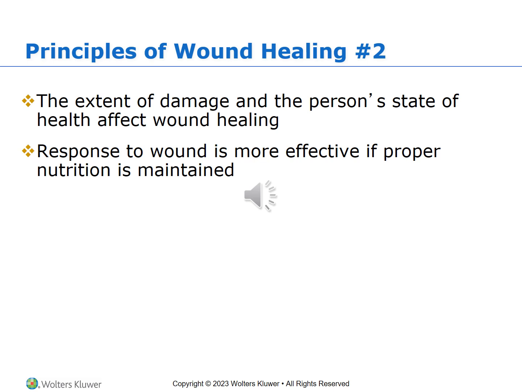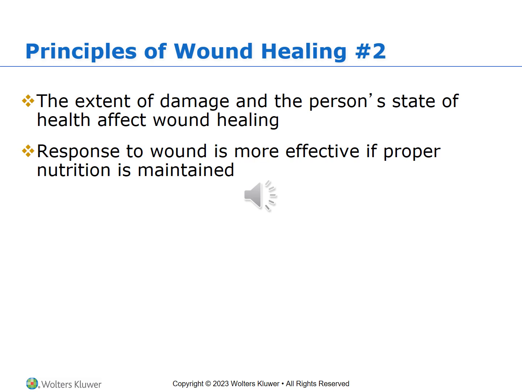Then the next bullet talks about the role of fatty acids in wound healing. It's not well understood. However, certain quantities of glucose are necessary to meet the energy requirements for wound healing. And the last bullet talks about various vitamins, minerals, and trace elements that are also needed for wound healing.